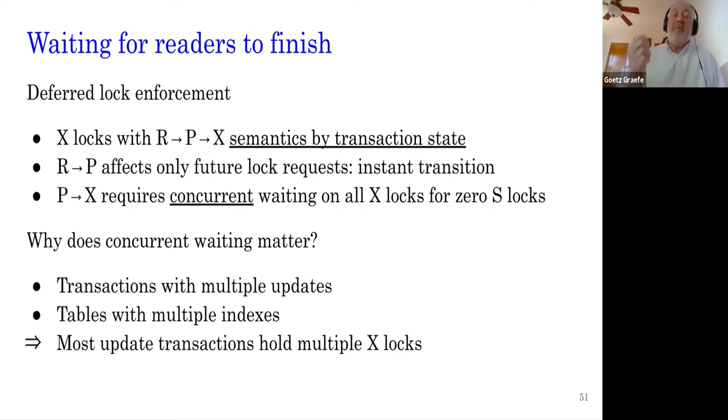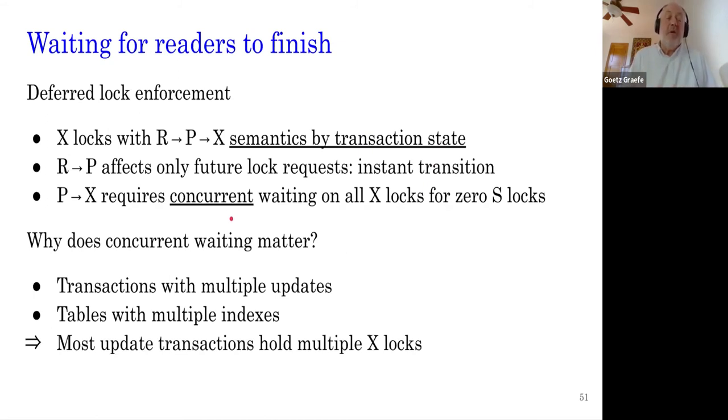By flipping the state in the transaction descriptor, all these exclusive locks change their state from reserved to pending. Once they're pending, they're all waiting for the readers to finish and disappear, and then they become exclusive locks.